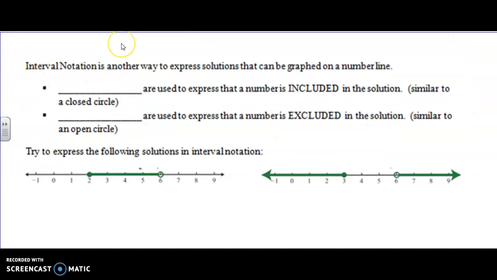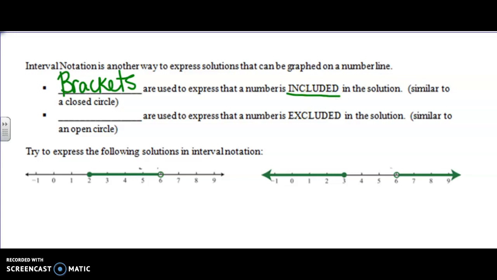So interval notation is a way to express solutions when you graph them on a number line. It's a way to use either brackets or parentheses. And when you use brackets, basically the square brackets, you use that to show that something is being included.